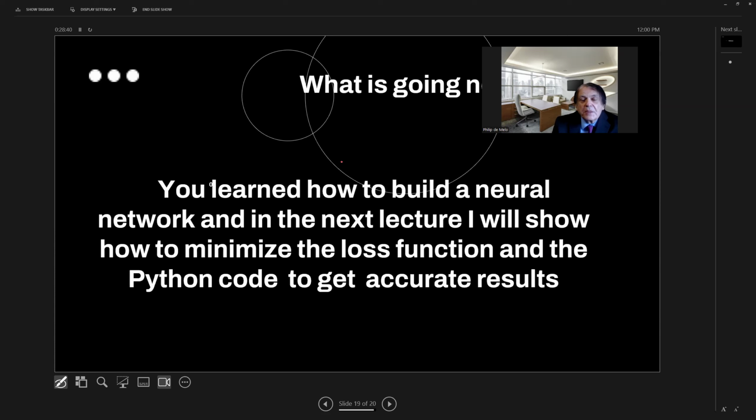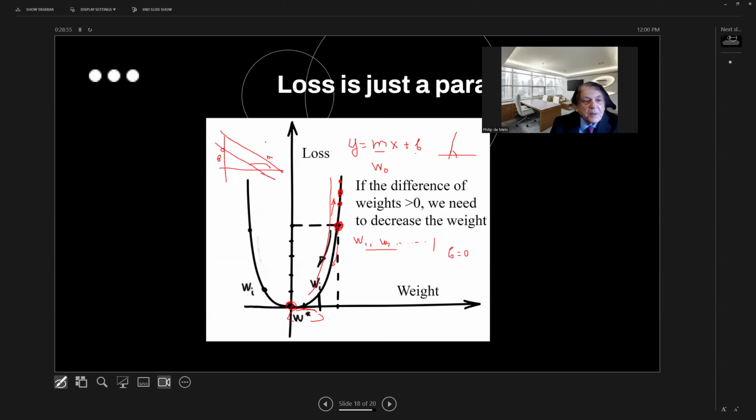But of course, we have no guarantee that this output is accurate, because we also have to tune our W. When we have a line, we need to adjust our slope and the bias to approximate any curve, if you want to do some linear approximation, right? So you have to tune your slope and your intercept to approximate a function, and the same thing applies here.